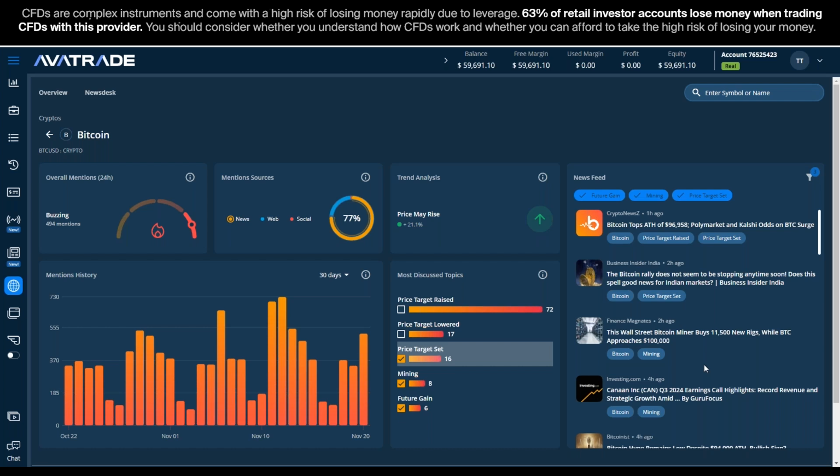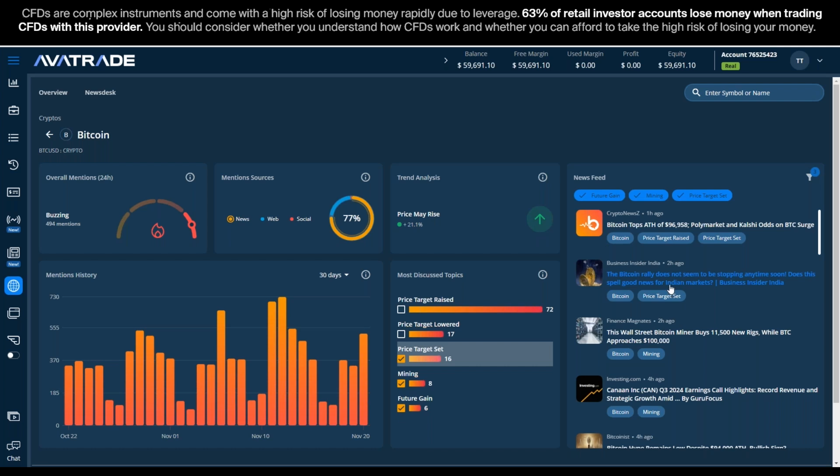And so that's helping to create a Bitcoin rally. And if you had read those articles that were here last week, that might have gotten you in on the surge that already went up, okay? You can see the power of what's happening here with the news helping you to decide maybe to follow a trend. In this case, it says the trend may rise 21% and the articles are positive. So now they agree.